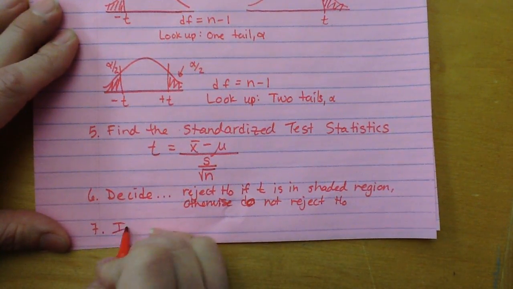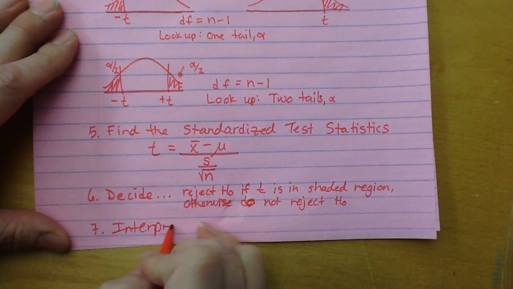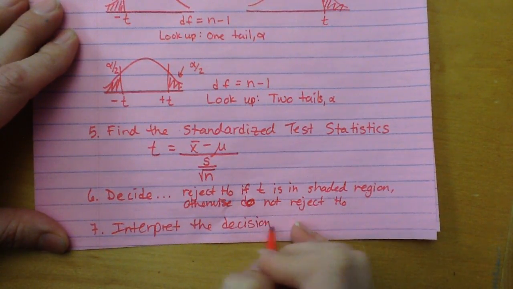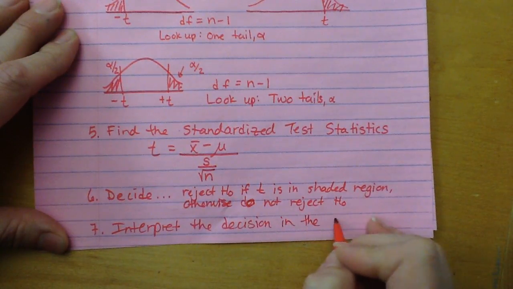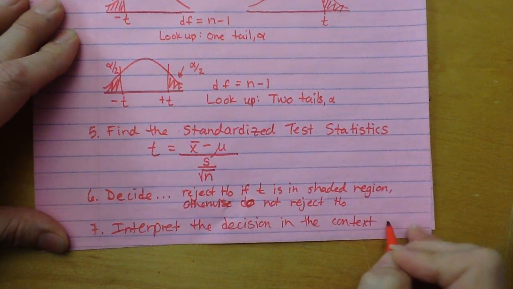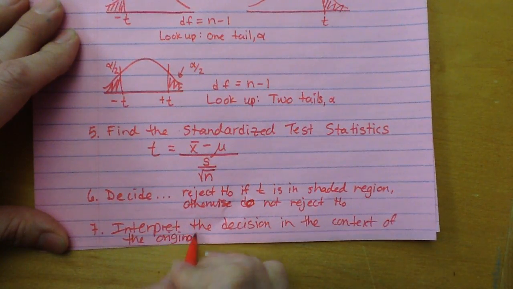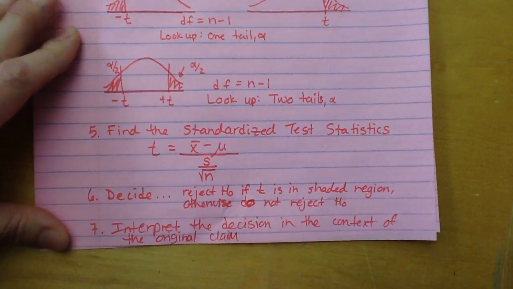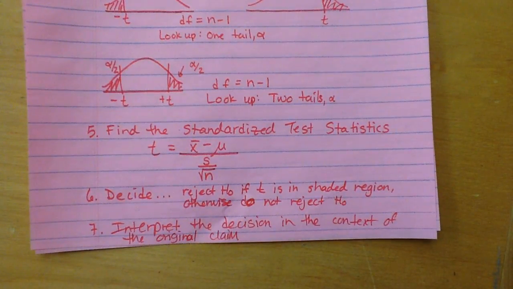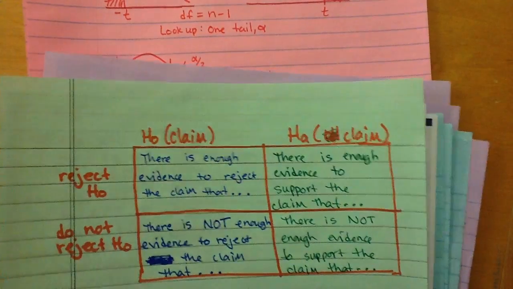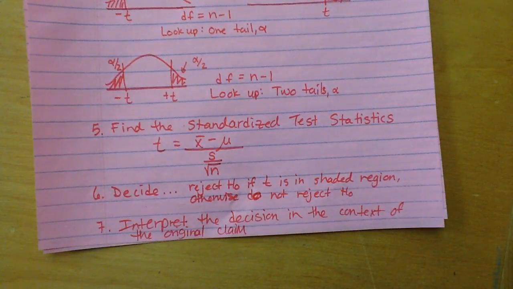And step 7 is interpret the decision in the context of the original claim. And remember that that uses the precise language that we have gone over lots of times from this little table. That's your step 7.